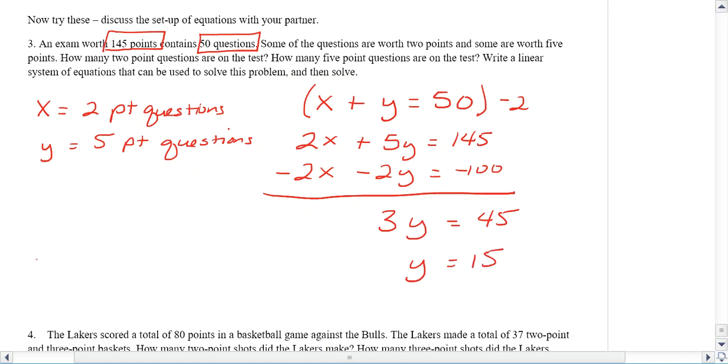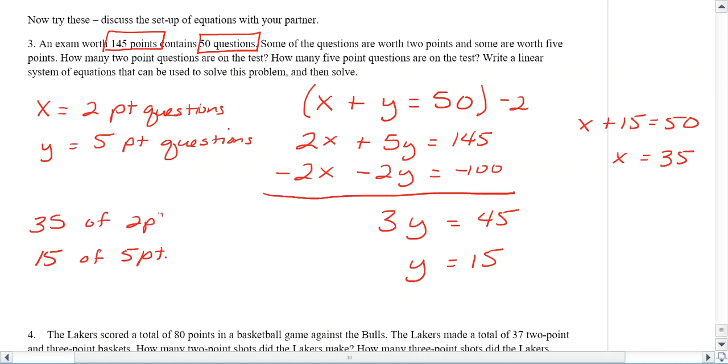So right now we know that we have 15 of the 5-point questions. Perhaps the first equation is the easiest to plug into to find your x. So x plus 15 equals 50. Subtracting 15, I'd get x is 35. Therefore, the other answer is that we have 35 of the 2-point questions.